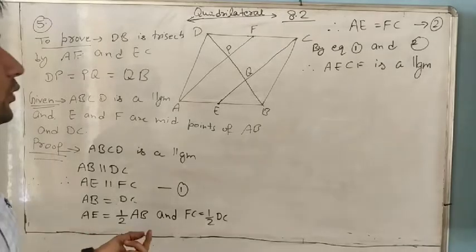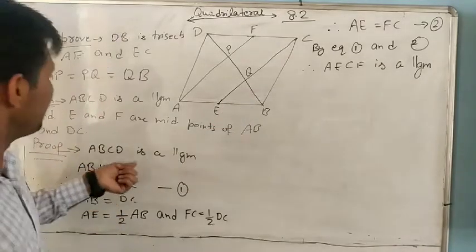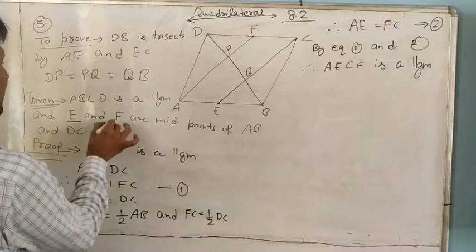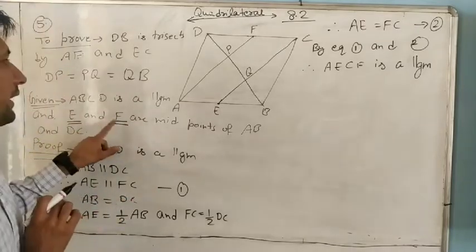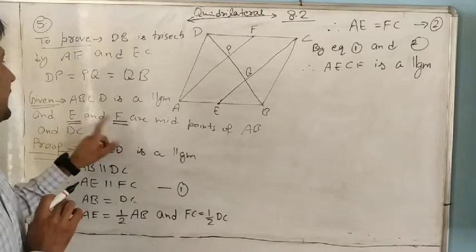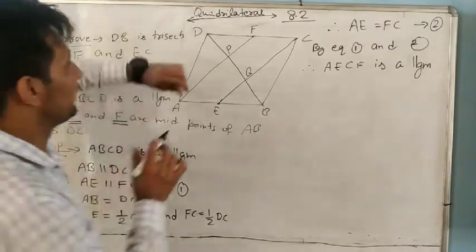Because we already proved that E is midpoint, F is midpoint, we will take a triangle in which E and F are midpoints.